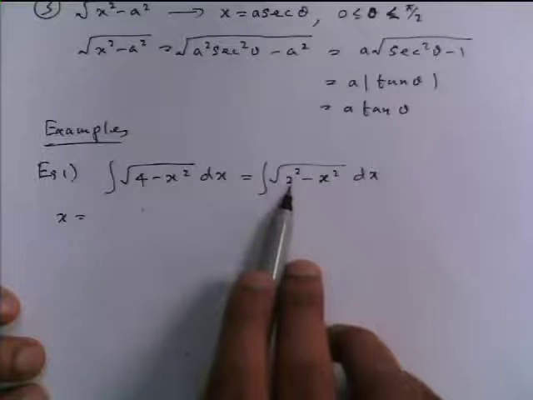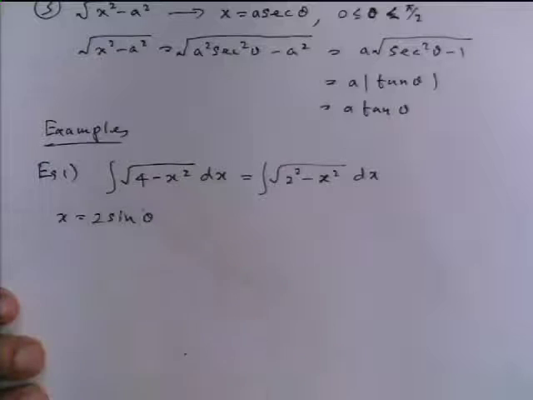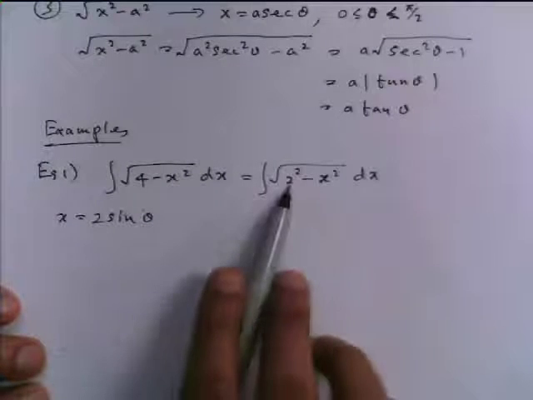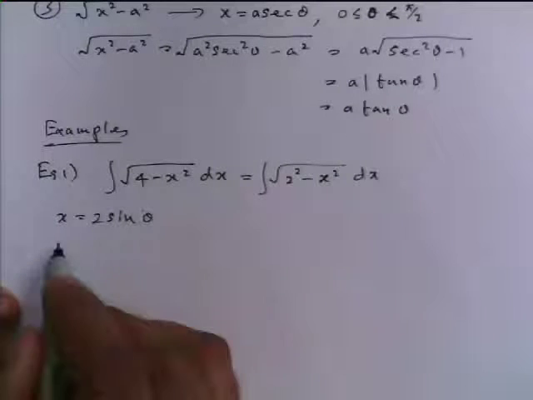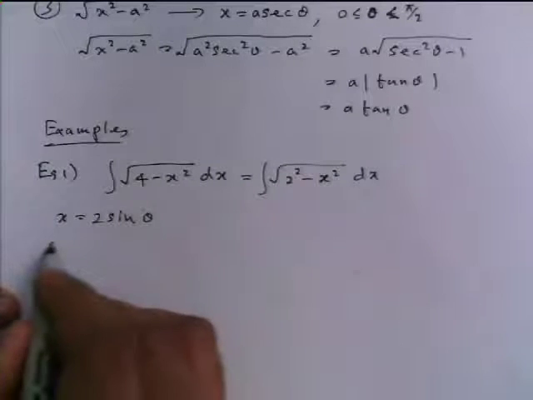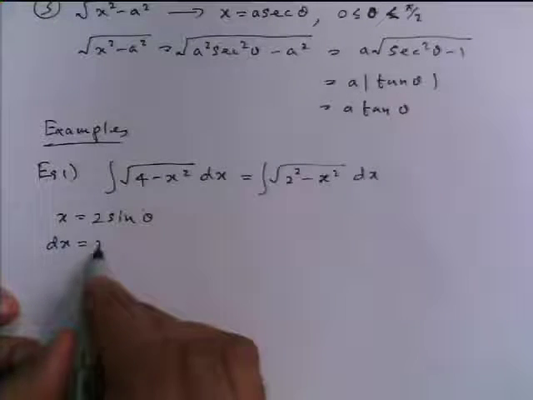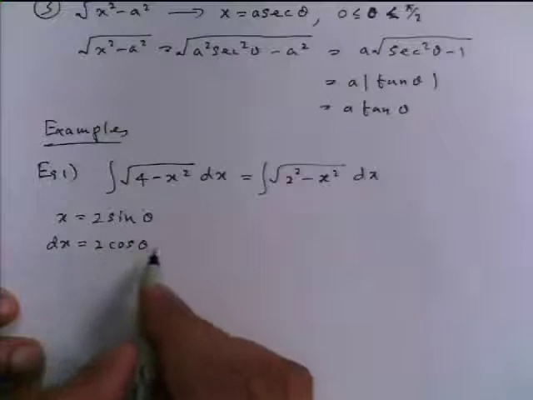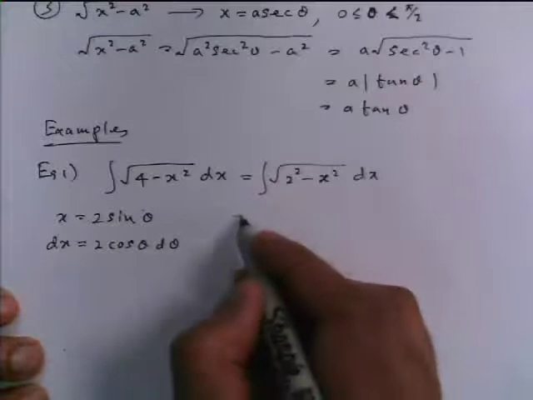So it is x equals 2 sine theta. You pick that number, whatever the number is here, and put sine theta. And then we need dx. So dx is what? The derivative of sine is cosine. So it is 2 cosine theta d theta. Okay. Now what happens in the integral?